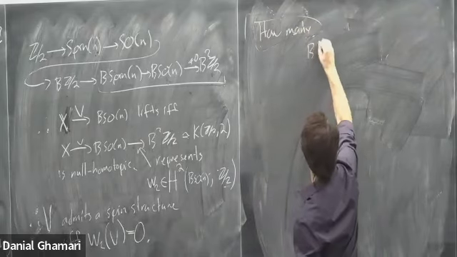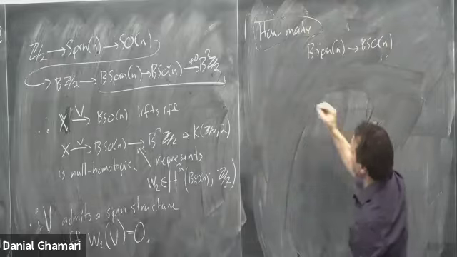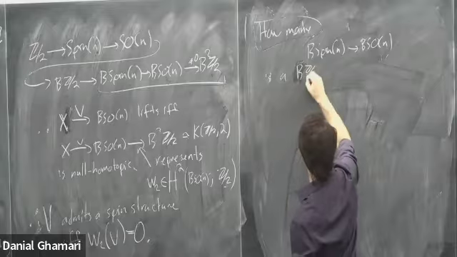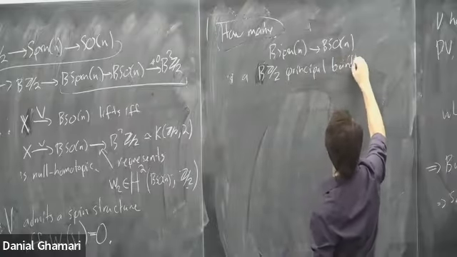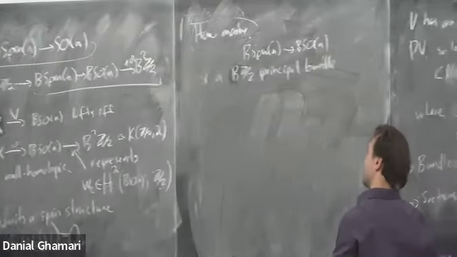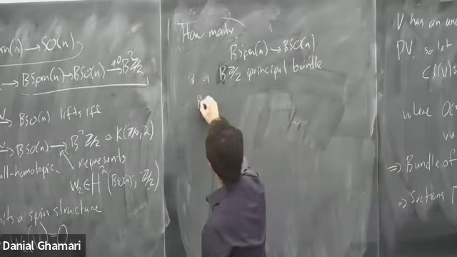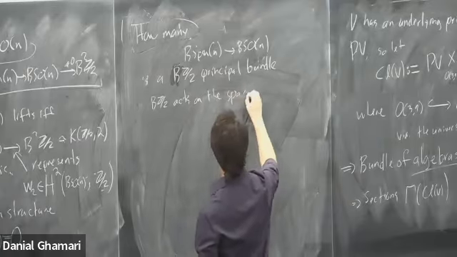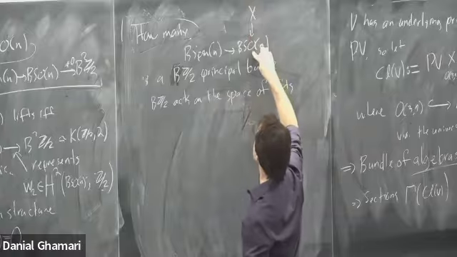Okay, so B spin to BSO is a BZ2 principal bundle. It turns out that not only is it a bundle with fiber Z mod 2, but Z mod 2, at least up to homotopy, has a free action on B spin N. And so, in fact, BZ mod 2 acts on the space of lifts given a function of X into here.